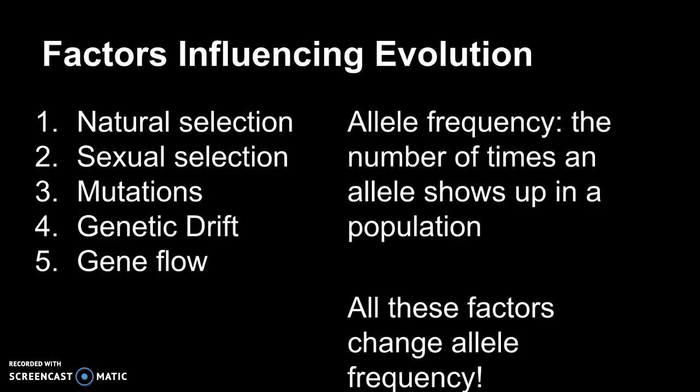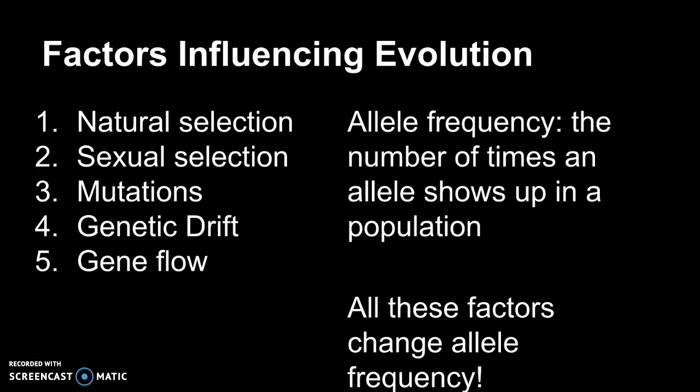So the first thing you need to know is what allele frequency is, because it's going to come up a lot. Allele frequency is the number of times an allele shows up in a population. So we've talked about alleles with genetics, and mom donates one and dad donates one. Well, now we're going to look at how many organisms in the population have a certain allele.